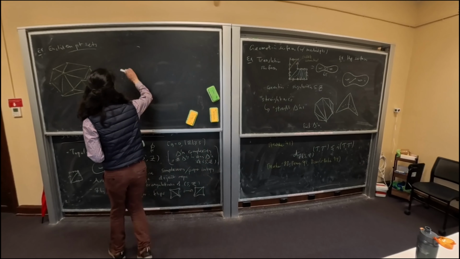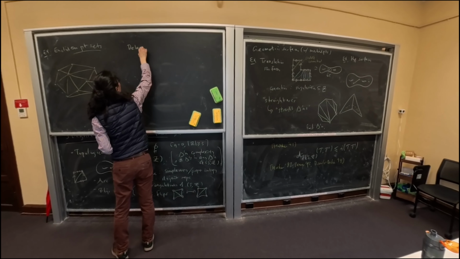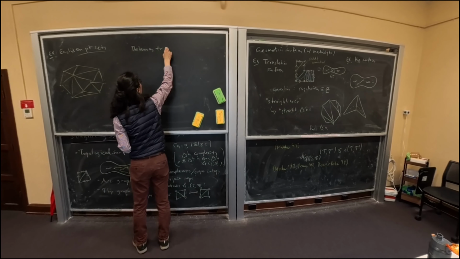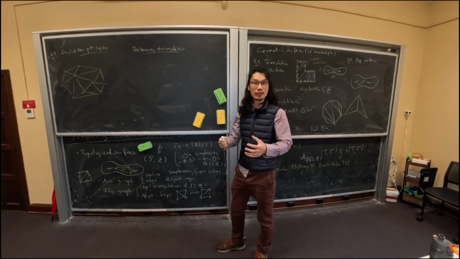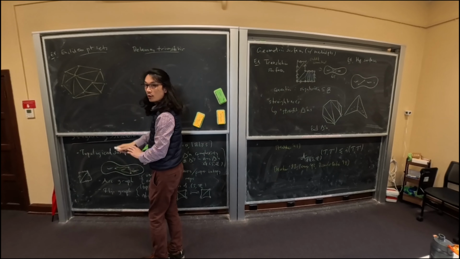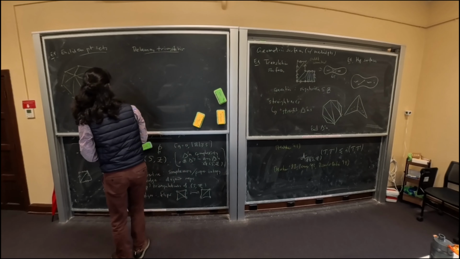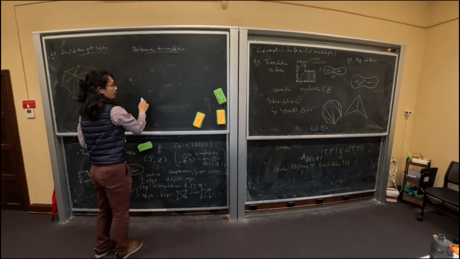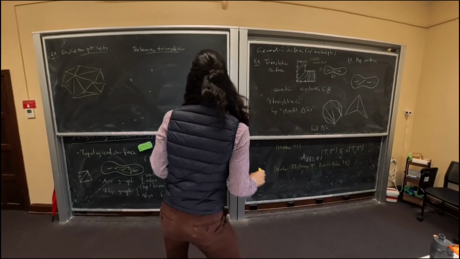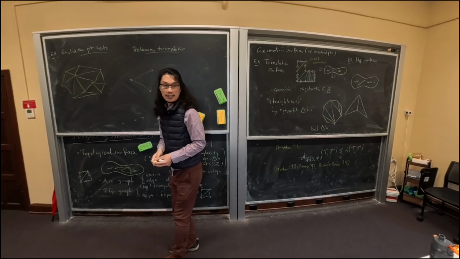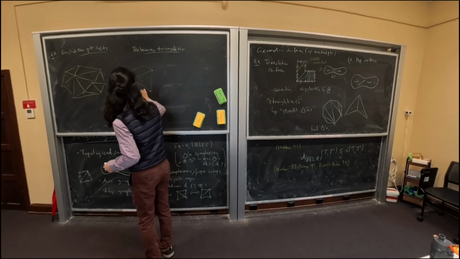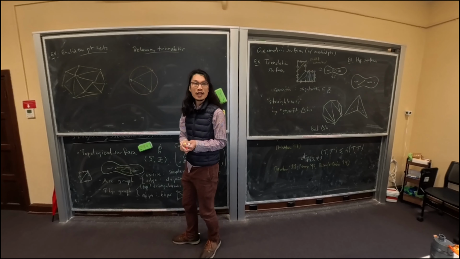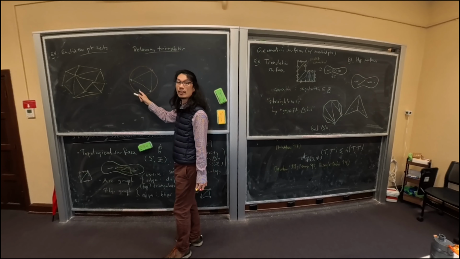I'm not going to spend too much time on this, but the Delaunay triangulation is one of the main methods for doing flip sequences. So for a Euclidean point set, what's a Delaunay triangulation? It's a triangulation where, for any triangle, you consider the circumcircle of this triangle, the unique circle that passes through those three points, and you ask that there are no other points in the interior of the circle.